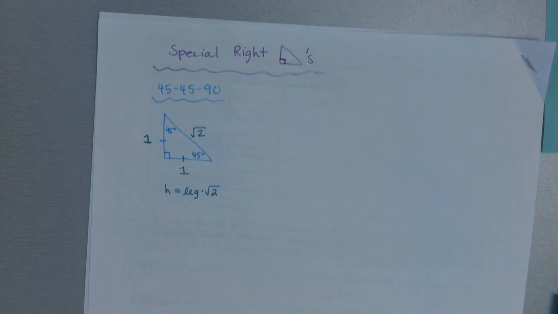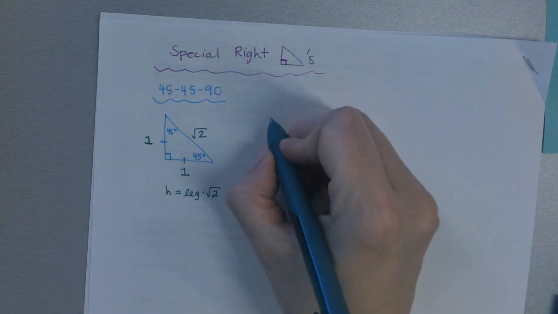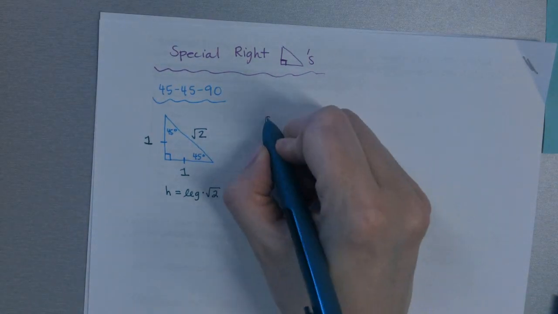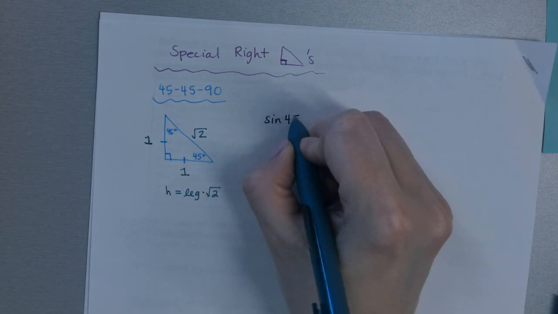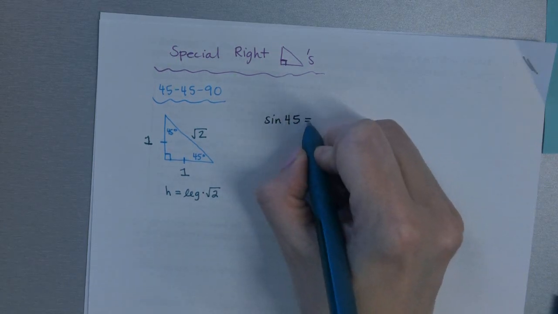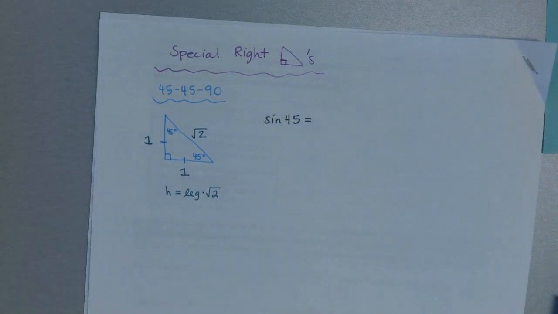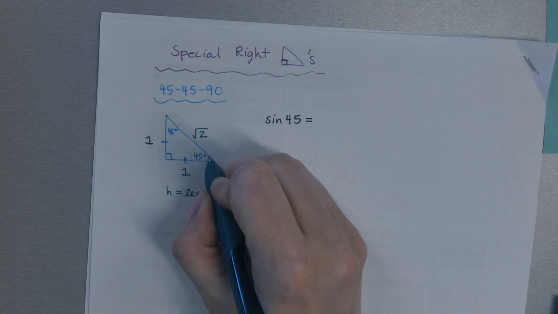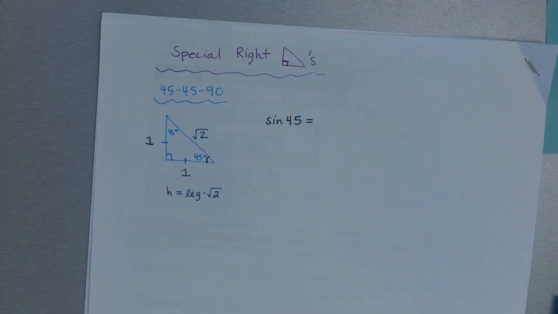Okay, so you had to find the sine of 45 degrees using this triangle. Steph, you remember that, right? Okay, so you have to use the sine. You guys all remember it, right? I'm kidding, I know it's been a while, but let's think about how we can do this.